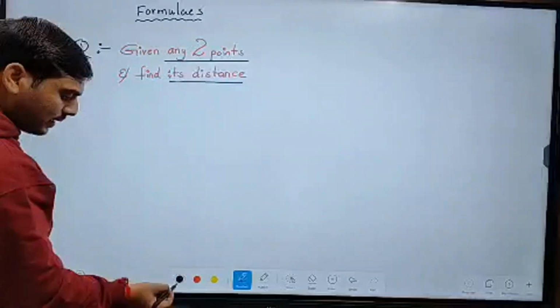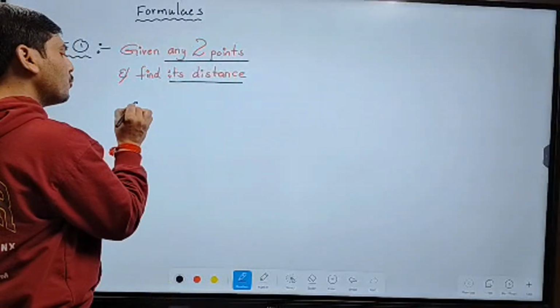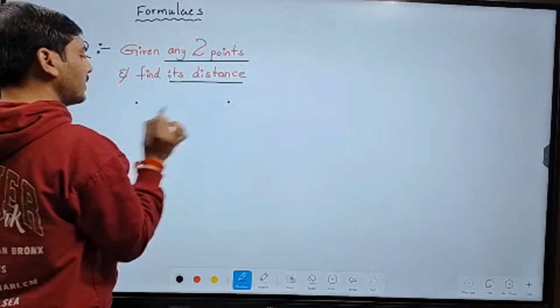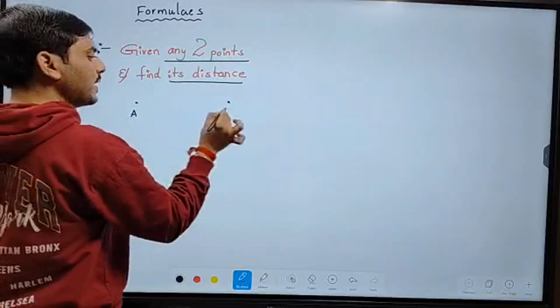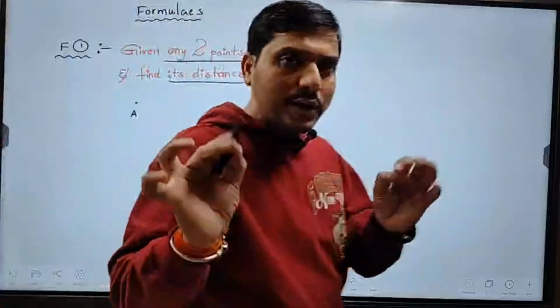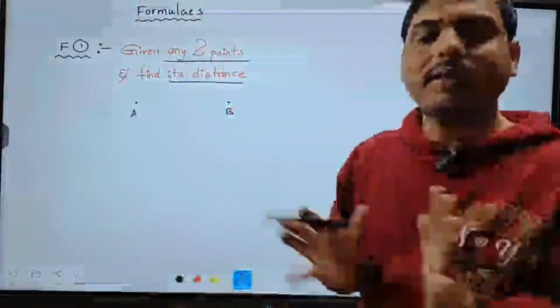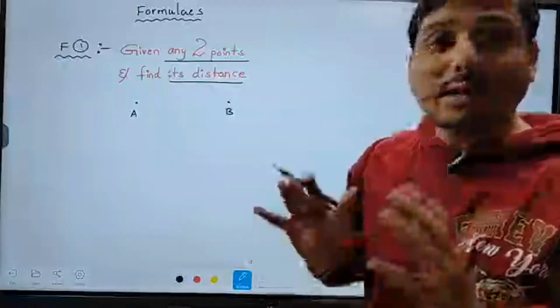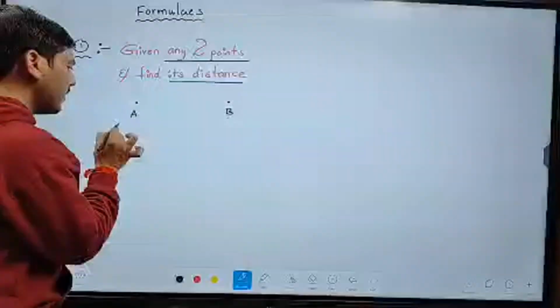For that formula, you can take any 2 points, students. Capital A and capital B are any 2 points on the plane. Points are represented by x coordinate and y coordinate, you know very well.